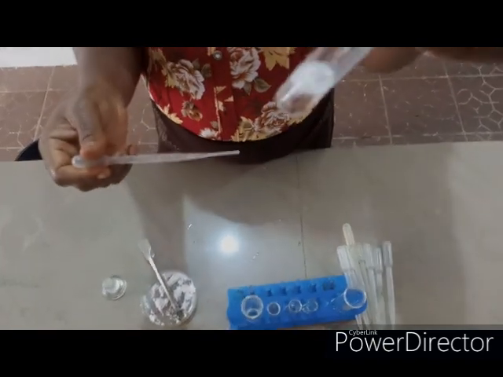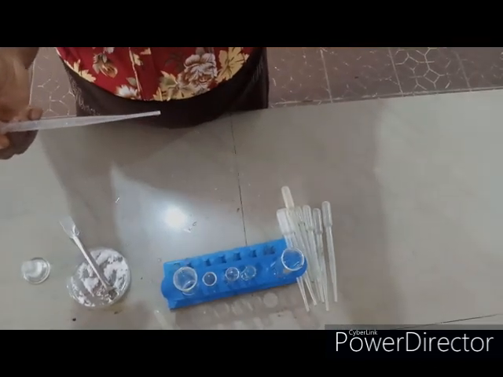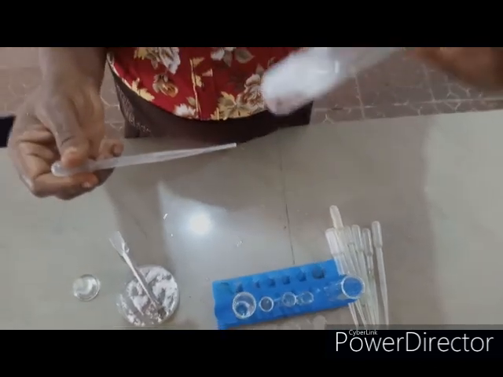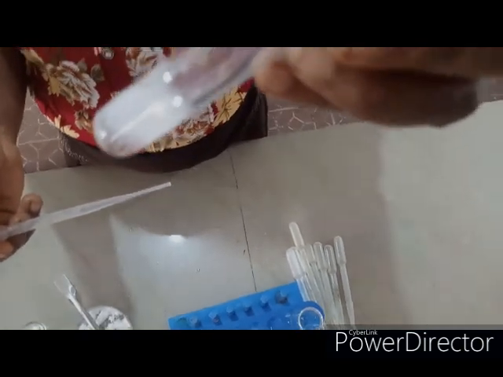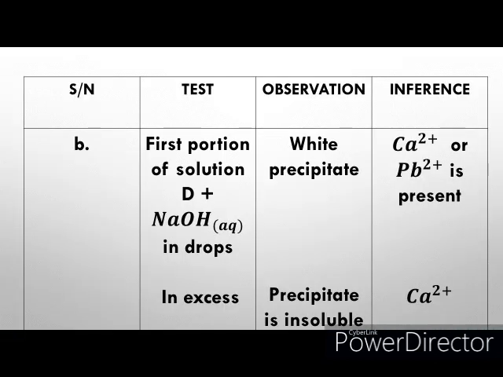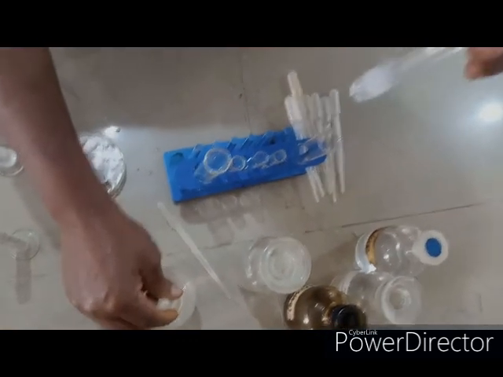In drops, a white precipitate forms. As you can see, the precipitate is not gelatinous, it's not sticking to the body of the test tube. So our inference is calcium ion, Ca2+, or lead 2 ion, Pb2+, is present. Now add sodium hydroxide in excess.